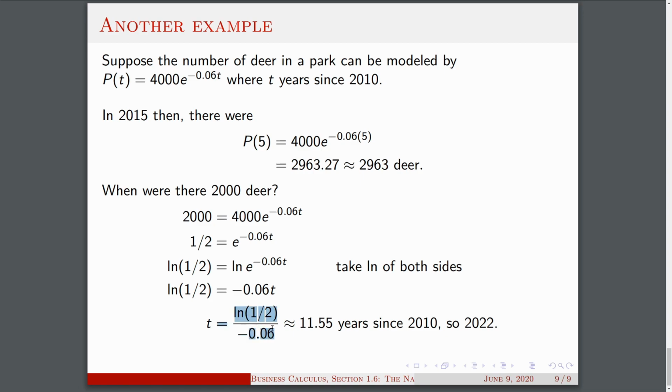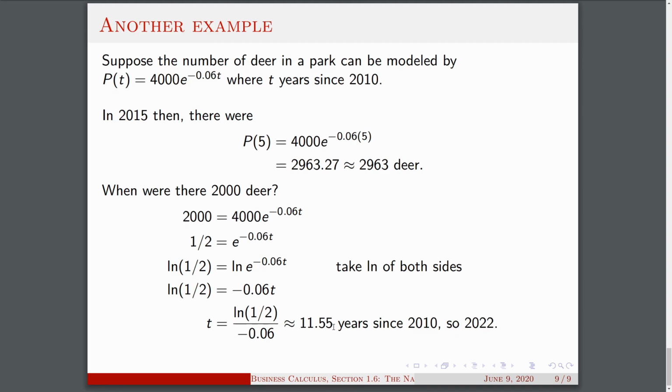When we put this into the calculator, it looks like maybe we'll get a negative number, which is concerning, because a negative time usually doesn't make sense. But ln of a half is a negative number itself, so when we divide by another negative number, we get a positive number. And we get 11.55.